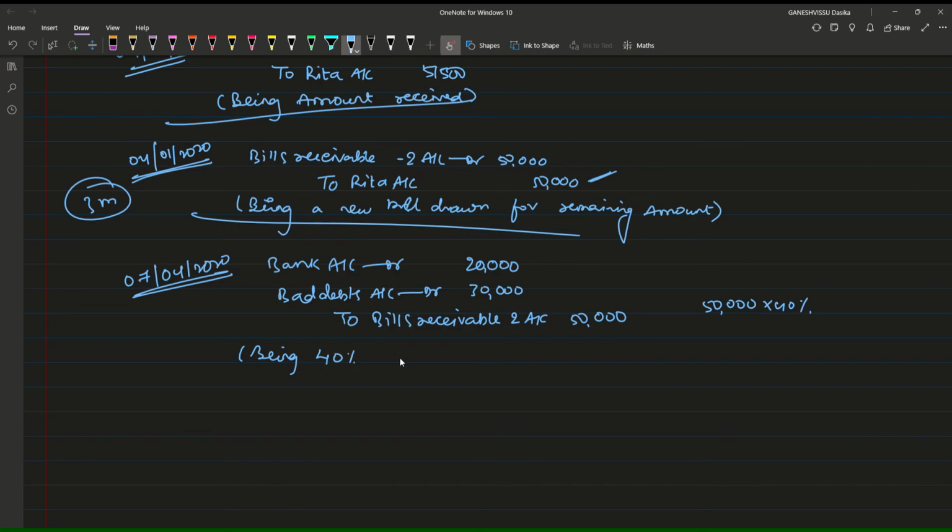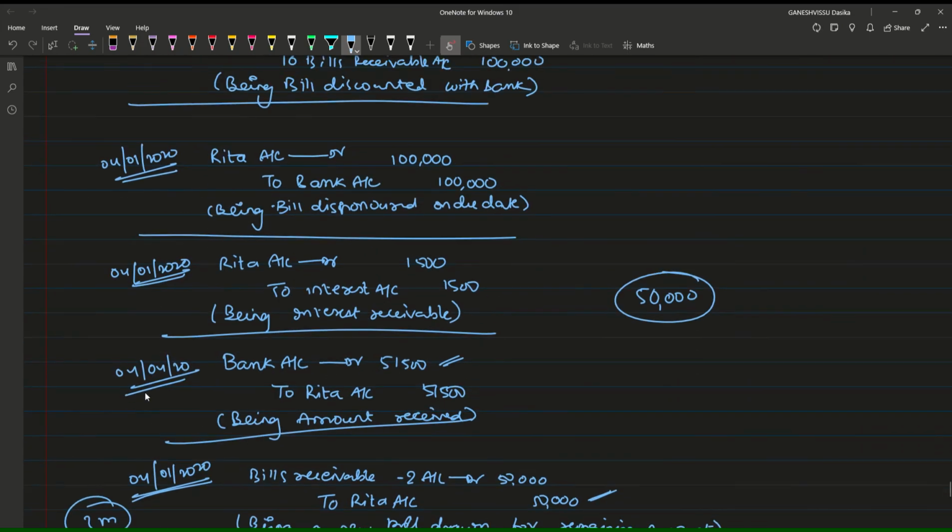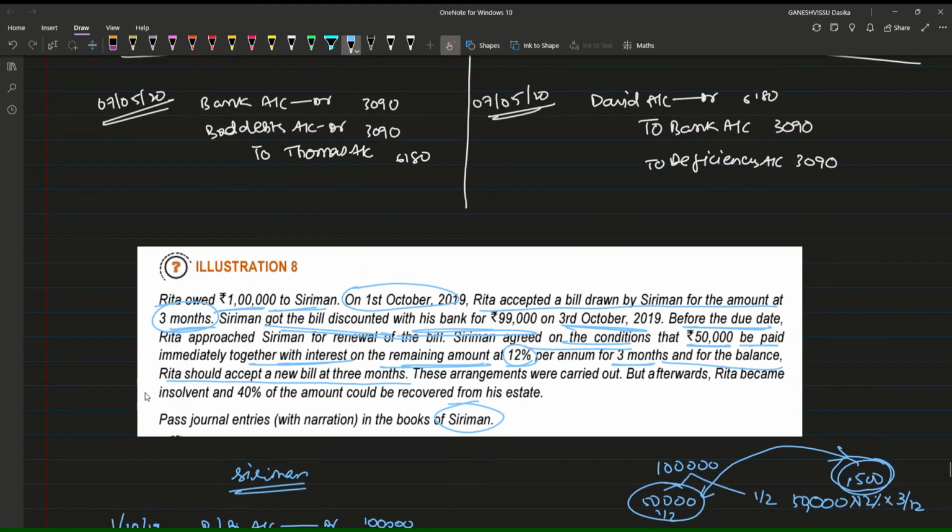Yeah, you can write it that way: being 40% of the amount has been received. So this is the close of our illustration number 8.